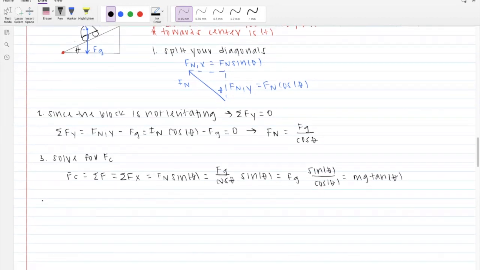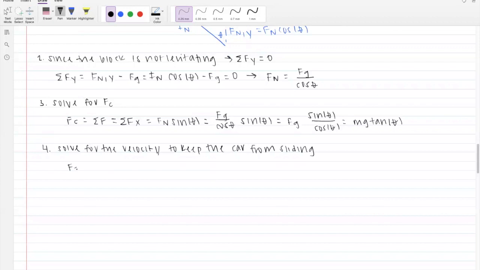And then lastly, you might be asked to solve for the velocity to keep the car from sliding up or down the incline.